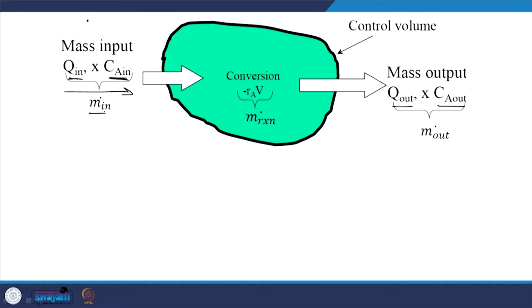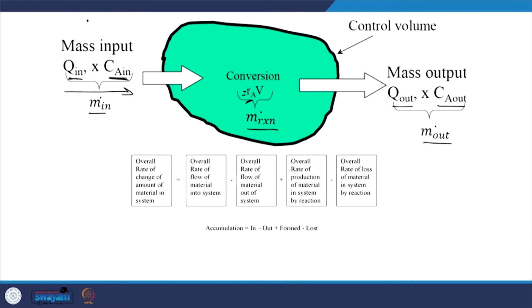So, mass coming in and mass going out, and also the compound is being converted due to reaction, and that is due to this particular reaction here, the rate of loss of that compound. Why am I saying loss? Because we have a negative out here. So, to put it in general terms, we have accumulation, mass coming in, mass going out, the compound being formed due to reaction, and the compound being lost due to the reaction.